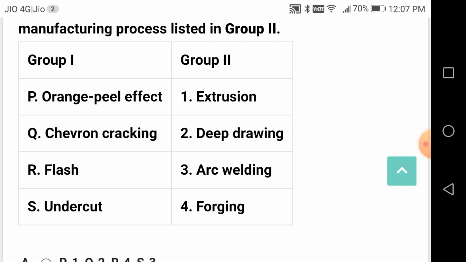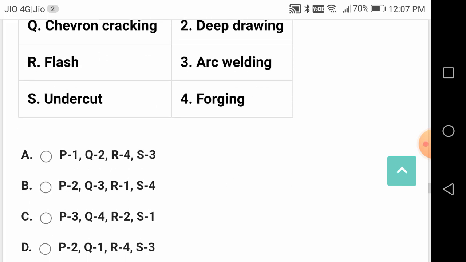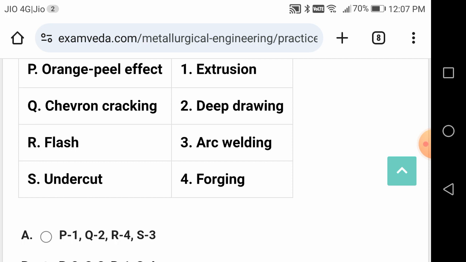Q1, chevron cracking, extrusion. R4, flash, forging. S3, undercut, arc welding.